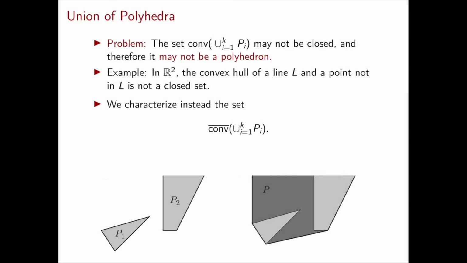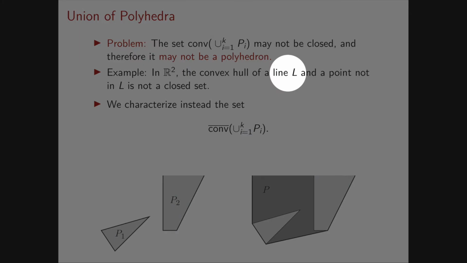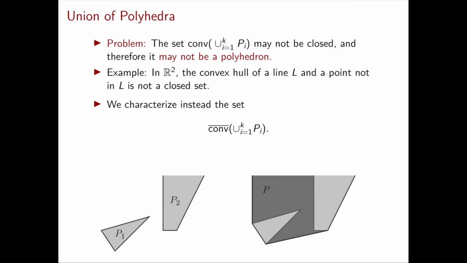And you can easily construct an example where this happens already in dimension 2. All you need to do is to pick a line, L, and a point which is not contained on the line. And now if you construct the convex hull of these two sets, you will immediately see that this is not closed. So in particular, not a polyhedron.